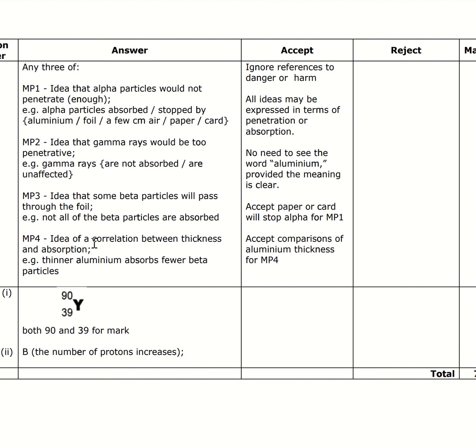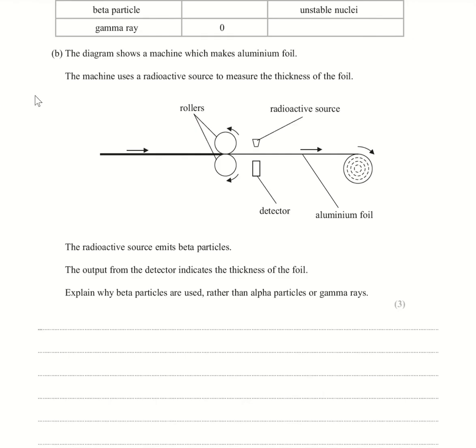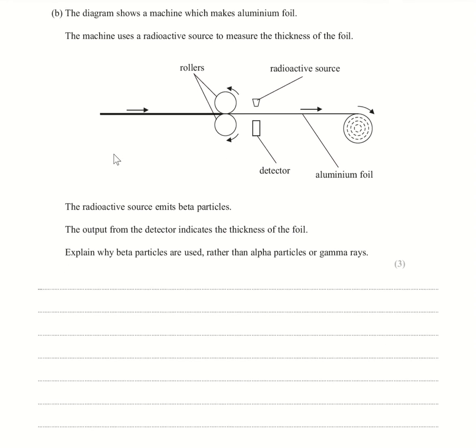So not all would be blocked and not all would go through. Some will pass and some will be absorbed, whereas with gamma, all would penetrate and with alpha, all would be absorbed. And that's why beta particles are used.